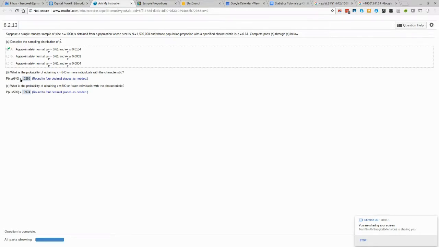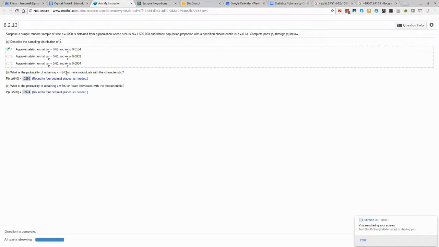The first is, what is the probability of obtaining 640 or more individuals with a characteristic in a 1,000-person sample? The tough thing is you can't plug in 640 into the calculator because we've stated the random variable in terms of proportions.